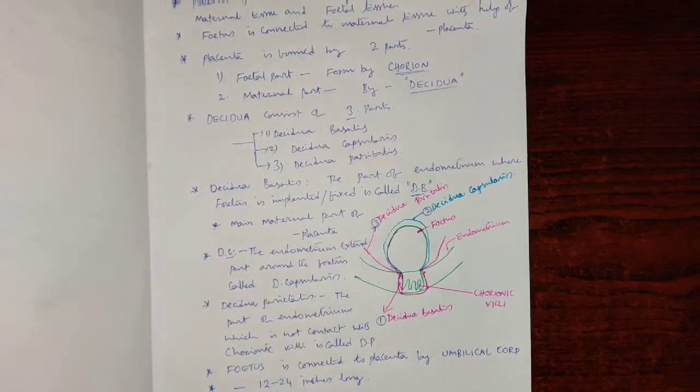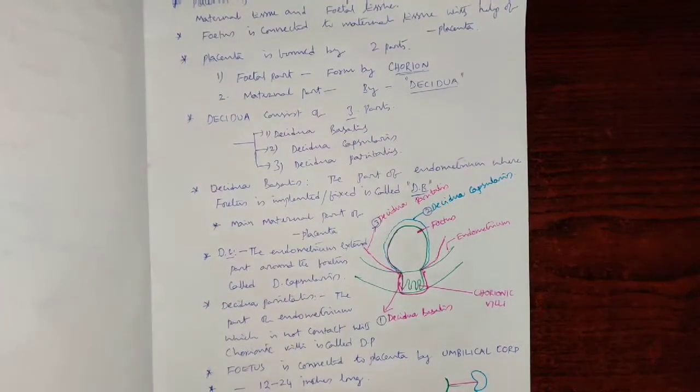Suppose this is the fetus, this is the connection, this is the placenta, and this is the umbilical cord.